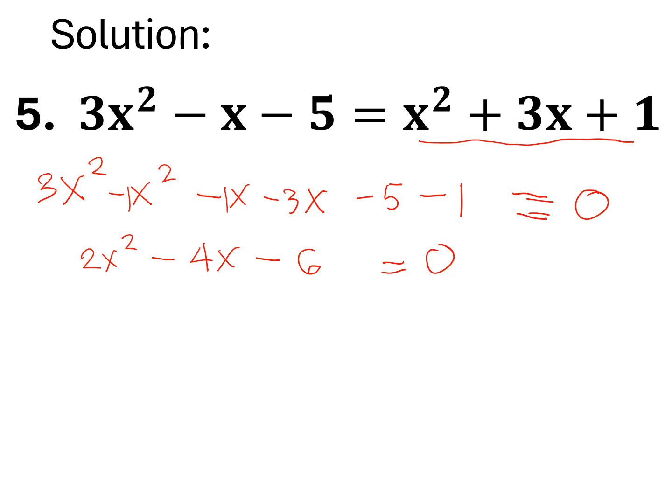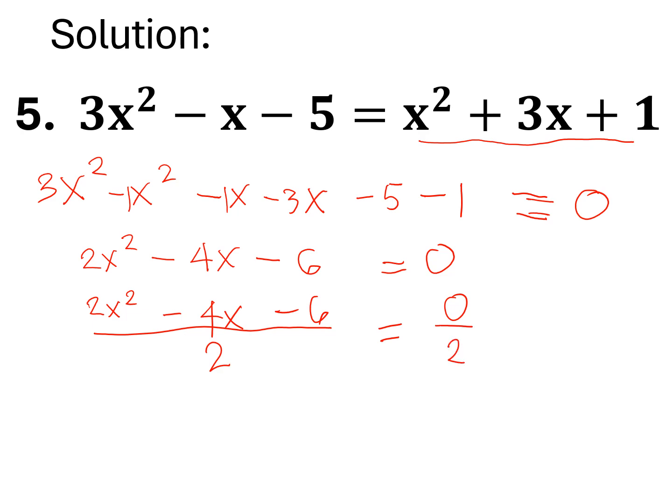What we're going to do is simplify this equation by dividing each term by the GCF. So we have 2x squared minus 4x minus 6 divided by 2 equals 0 divided by 2.